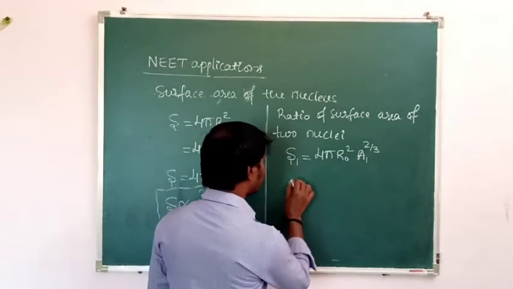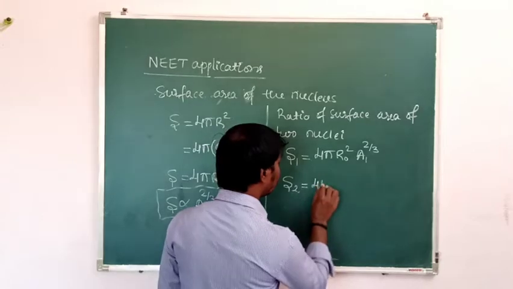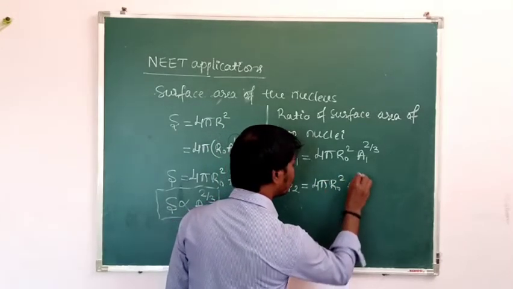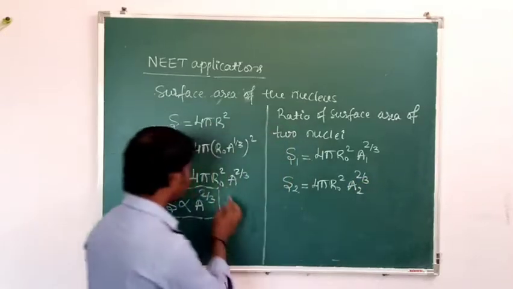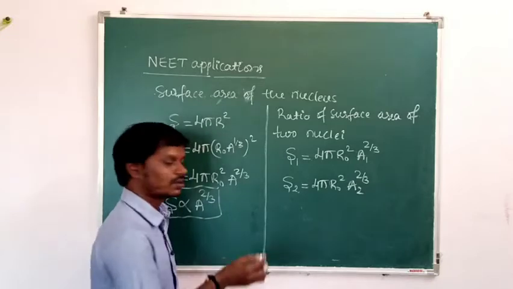Then surface area of the second nucleus, that is S2, is equal to 4 pi r0 square into A2 raised to 2 by 3, again using this formula only. Then take the ratios, means S1 by S2.